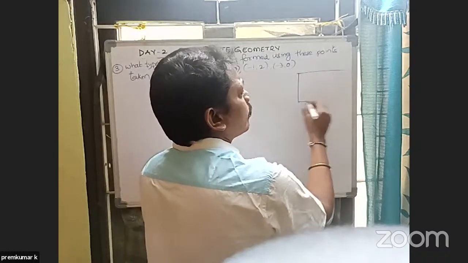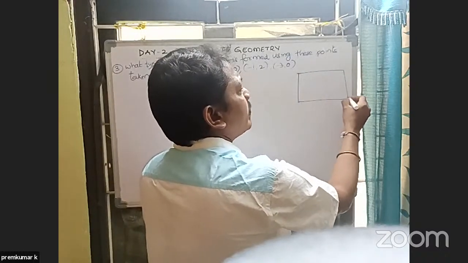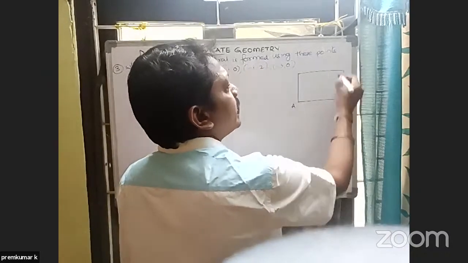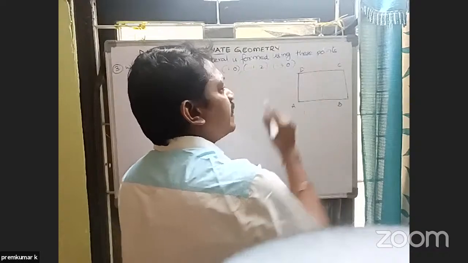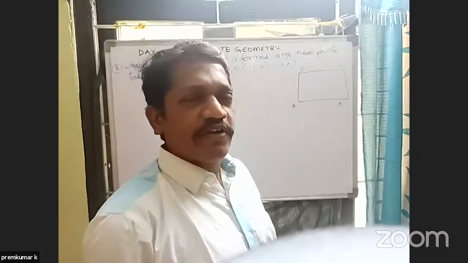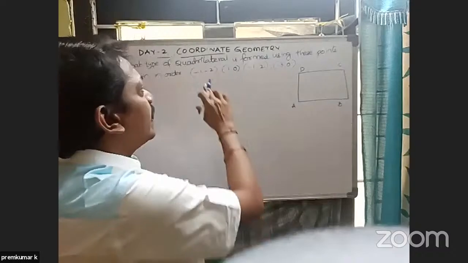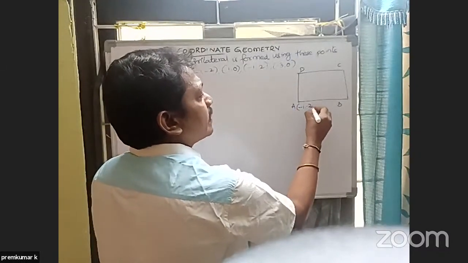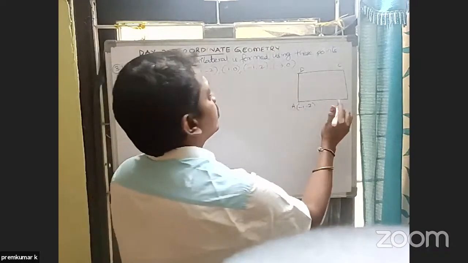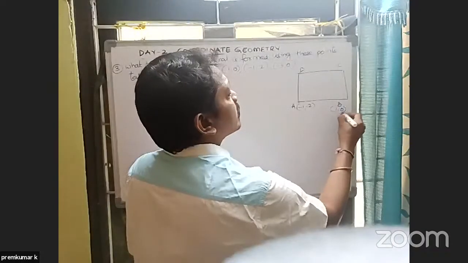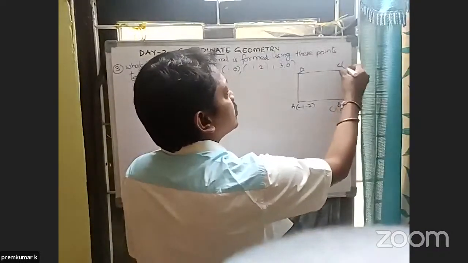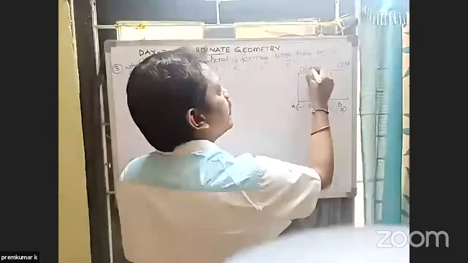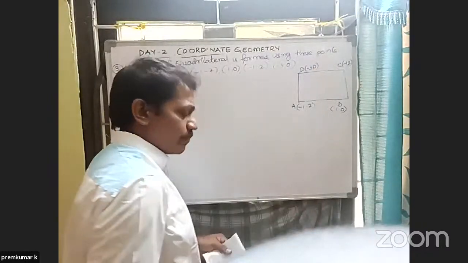We have to draw a rough figure, whatever it may be. We take A, B, C, and D in the anti-clockwise direction. A is (-1, -2), B is (1, 0), C is (-1, 2), D is (-3, 0).